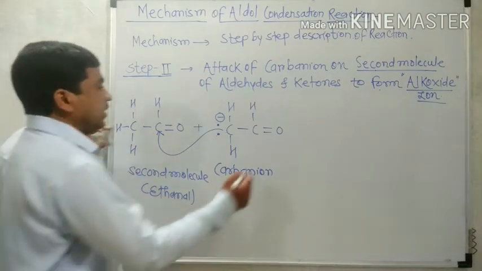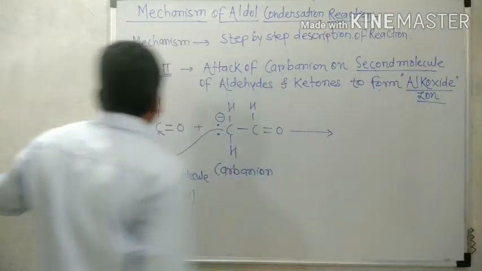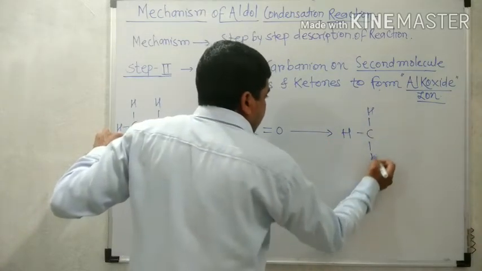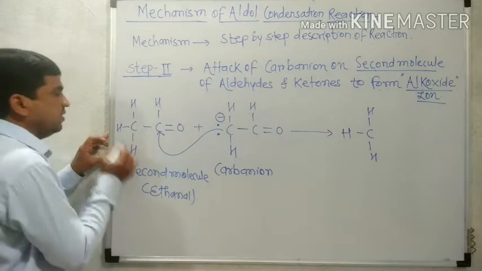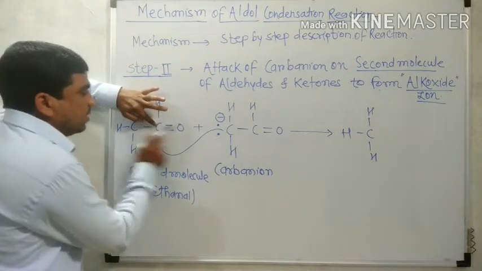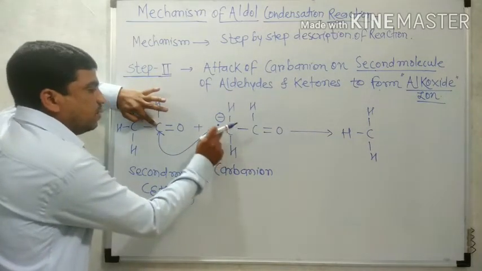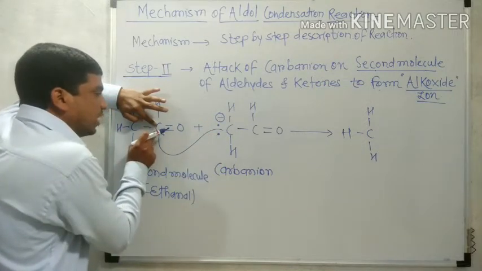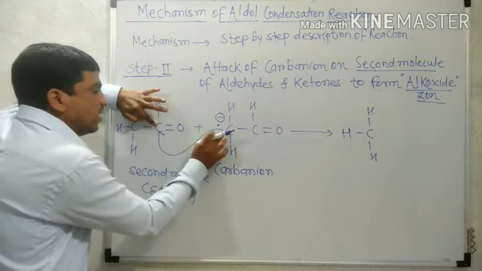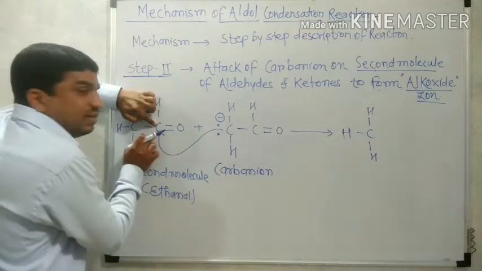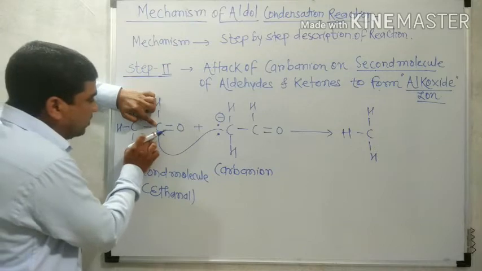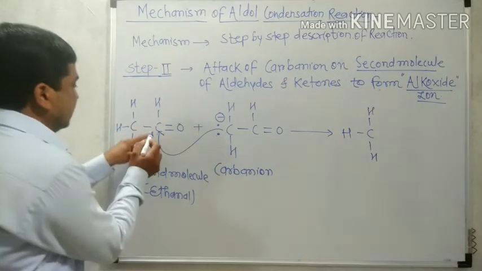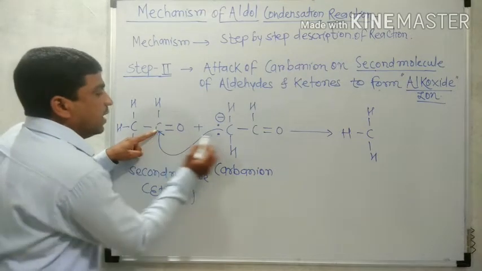So here the CH3 remains the same, but that carbon is now attached to this carbon. But how? That carbon donates this pair of electrons to the carbon and forms a single bond with this carbon. Why does this carbon gain an electron pair? Because this carbon is more electropositive than this carbon. So here the bond forms between this carbon and carbon.